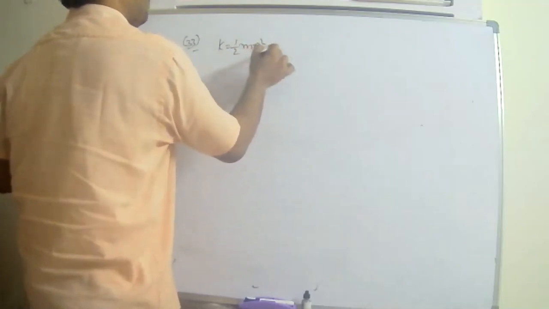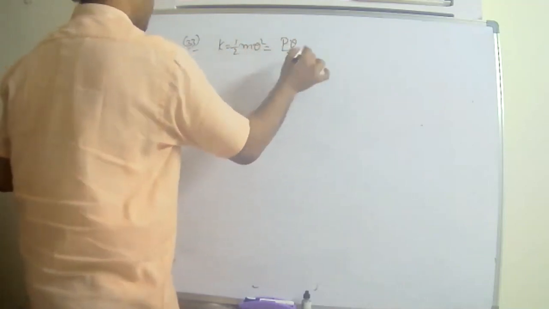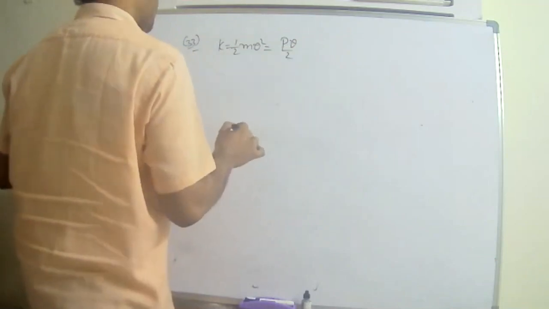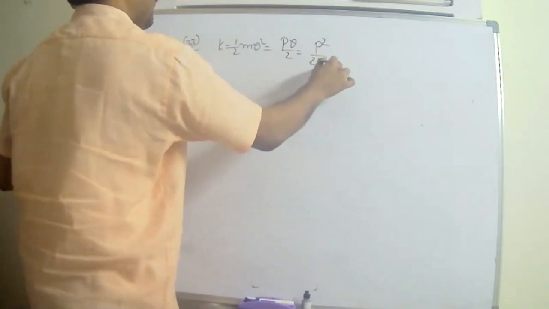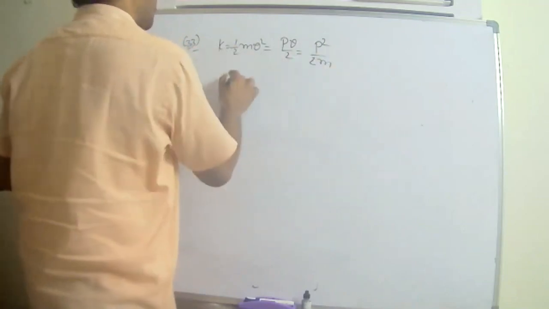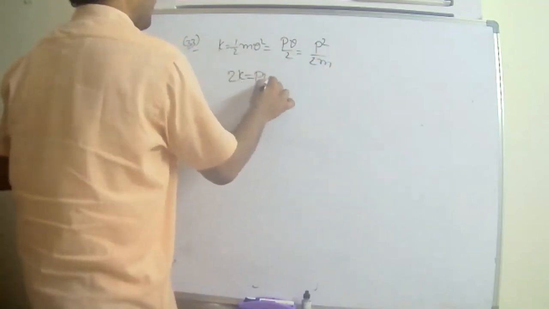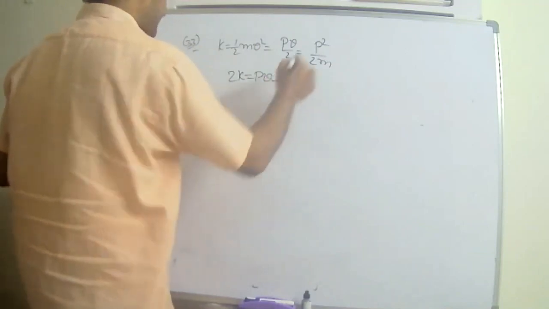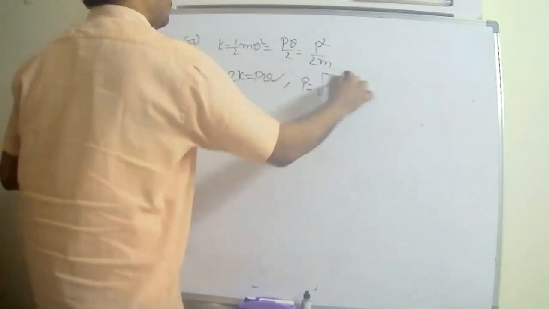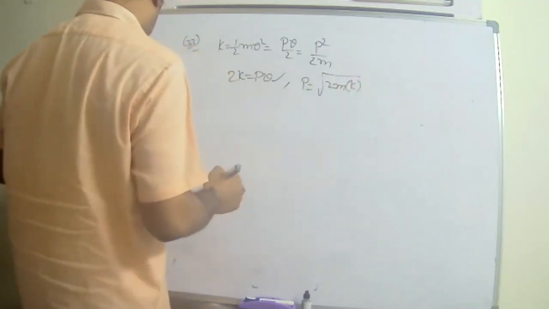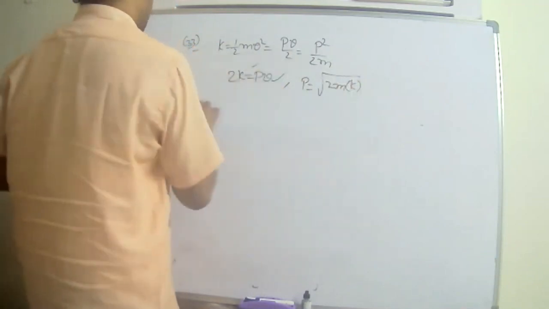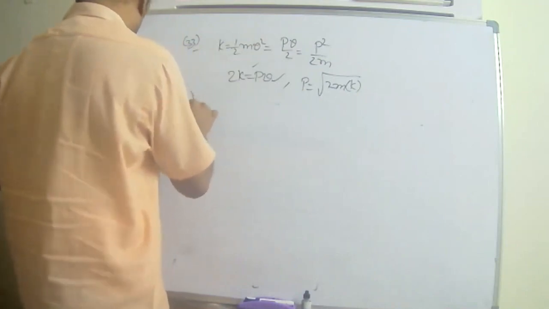That is equal to, mv ని p రాయొచ్చు, pv by 2, or p square by 2m. So నీకు అక్కడ ఇచ్చిన రిలేషన్ చూడు, 2K is equal to pv. This holds good. And again p is equal to root 2m into K. Okay, ఇది ఒకటి ఇచ్చిన రిలేషన్ లో.